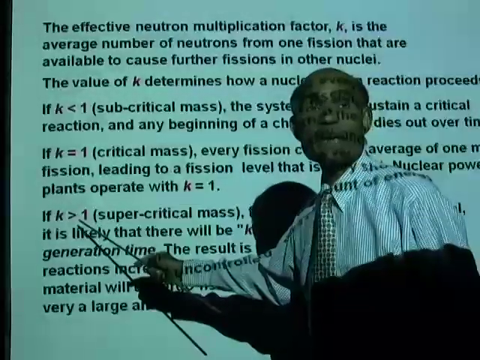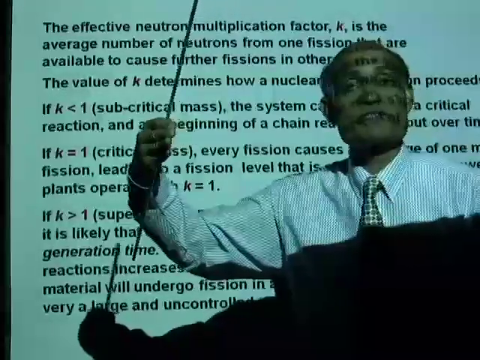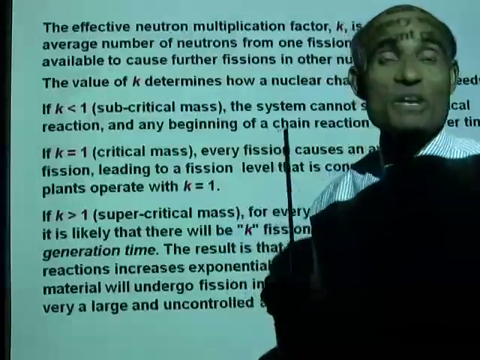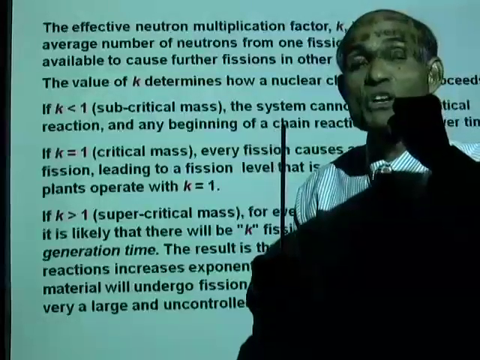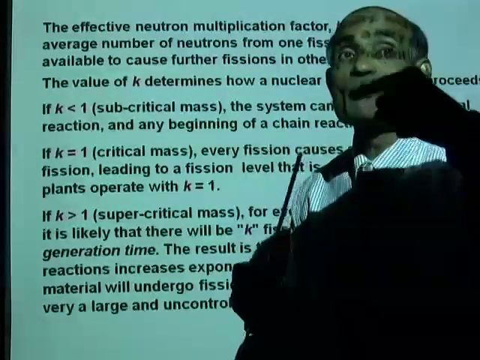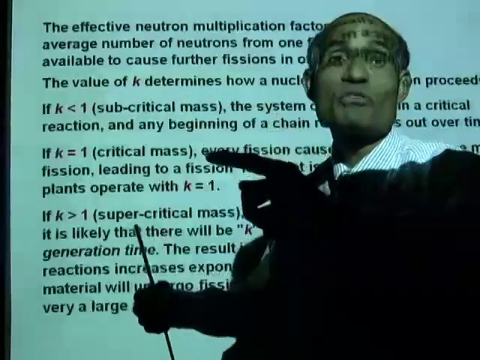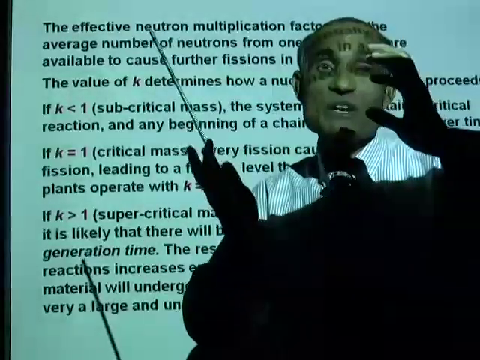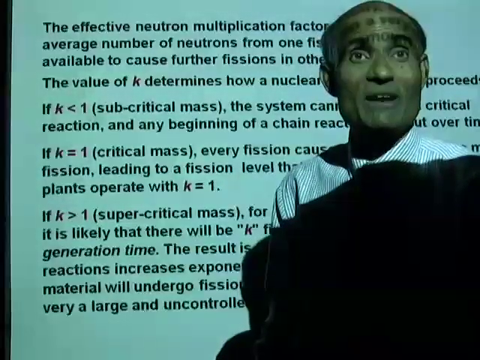On the other hand, if K is greater than 1, it will be supercritical mass. That means when a chain reaction starts, for each fission there will be more than 1 neutron made available for further fission. That means the chain reaction will proceed in almost an uncontrollable manner.